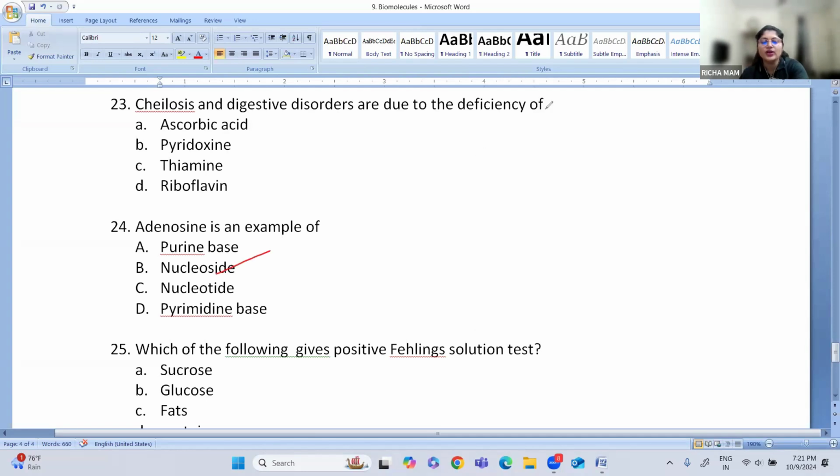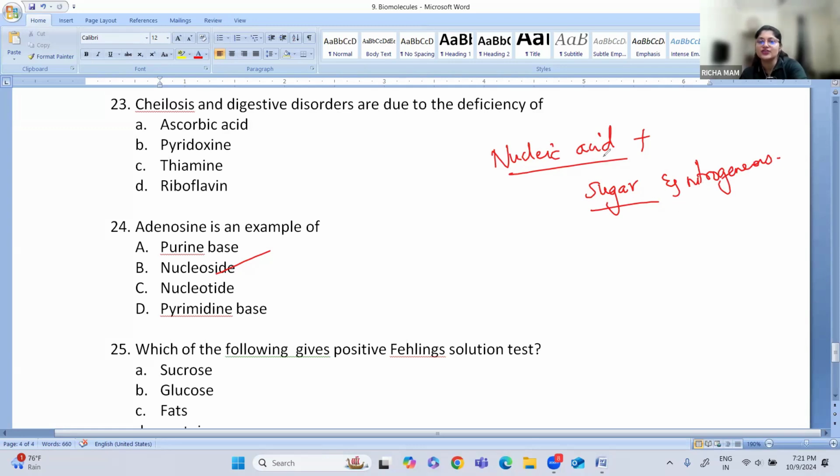Very good. What does a nucleoside consist of? It consists of a pentose sugar and a nitrogenous base. Two components.